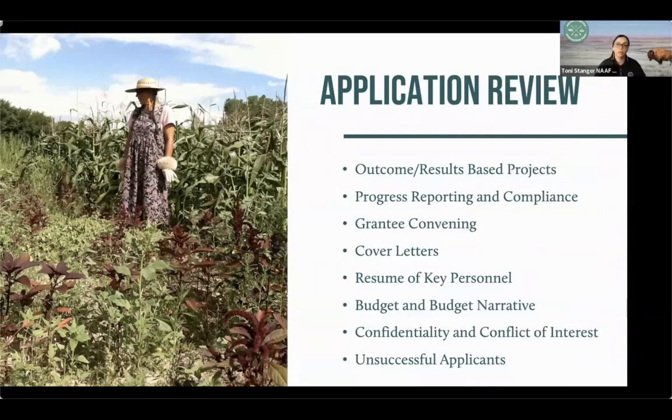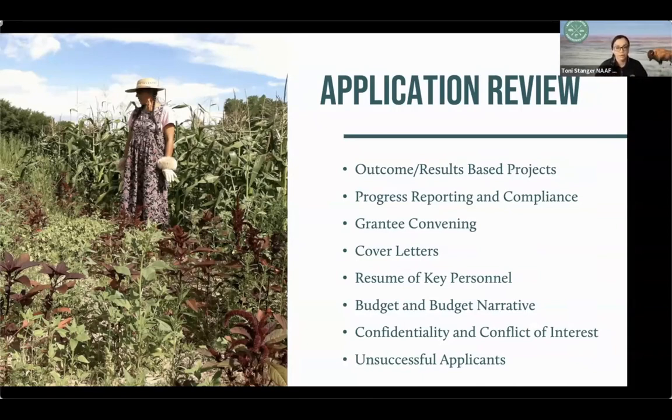Those are the types of things that we're going to look at in depth in each application. But again, we know that some of our entities are not going to be tribally led, or 100% tribally operated. We just ask that you explain that in your application, and some of the areas that we glean that information is in your cover letters and your resume and your budget and budget narrative.